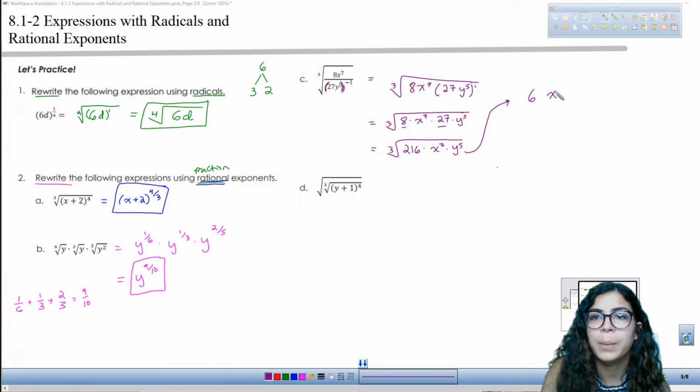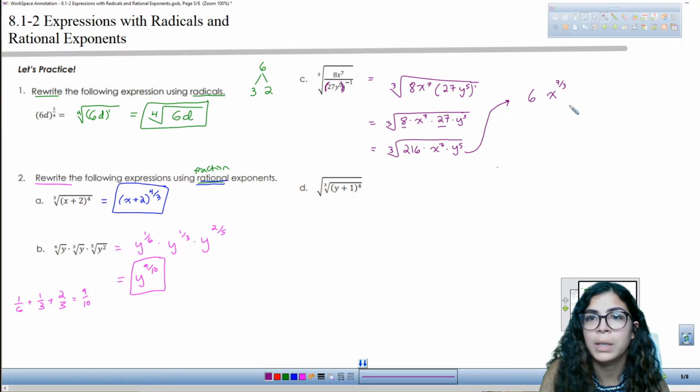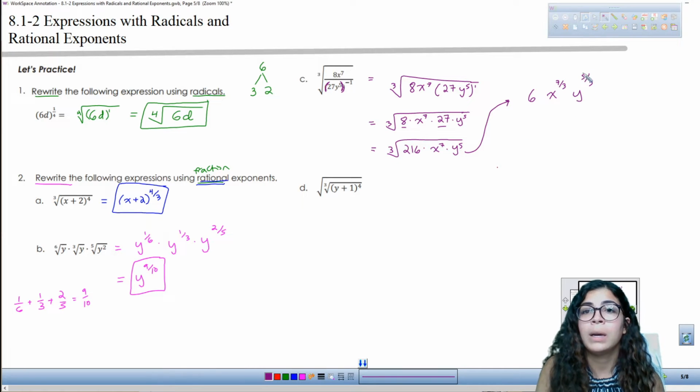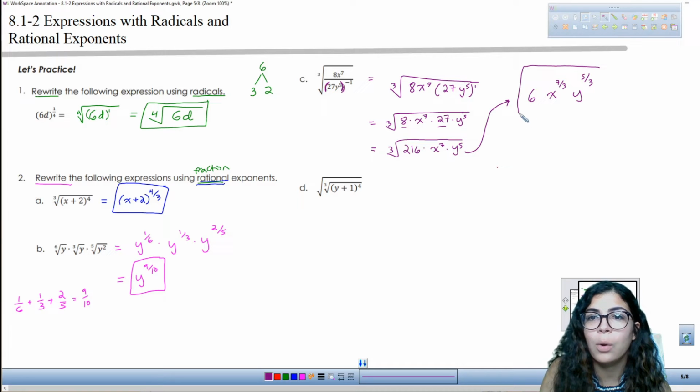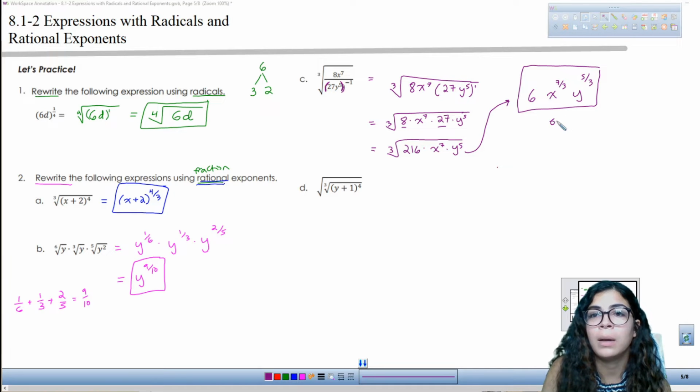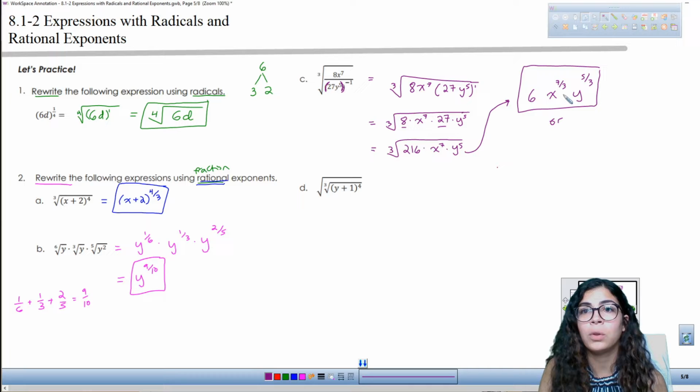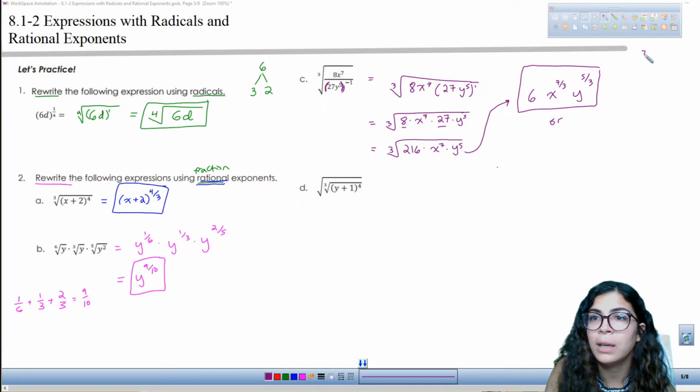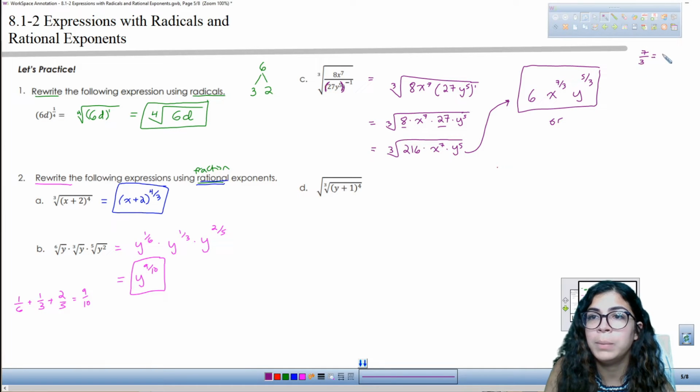And then x to the power of 7 over 3, because the index is 3, and y to the power of 5 over 3. Now remember, you can leave it like this, or you can take out any full copies. So 7 over 3 would be 2 and 1/3, right? And 5 over 3 is 1 and 2/3.